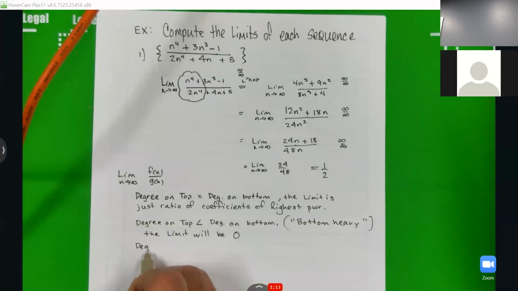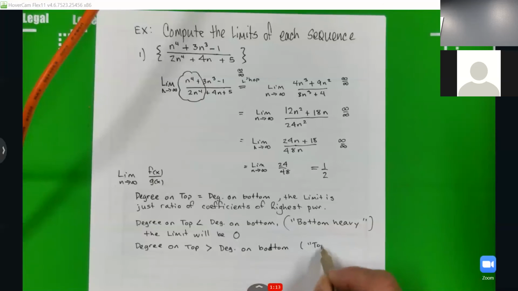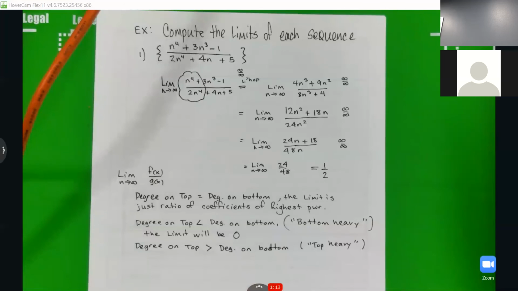If the degree on top is bigger than the degree on the bottom, so that's when it's top-heavy, the top grows without bound as the bottom eventually will disappear, then the limit will be infinite. Either plus infinity or minus infinity, depending on the sign of the terms.